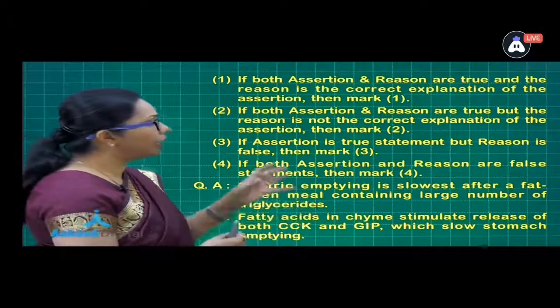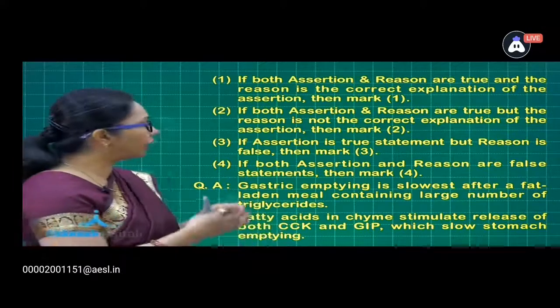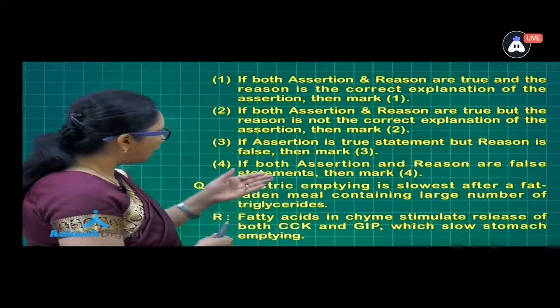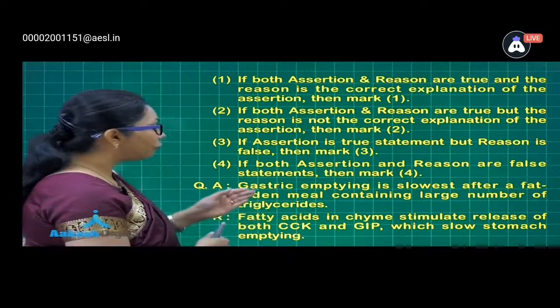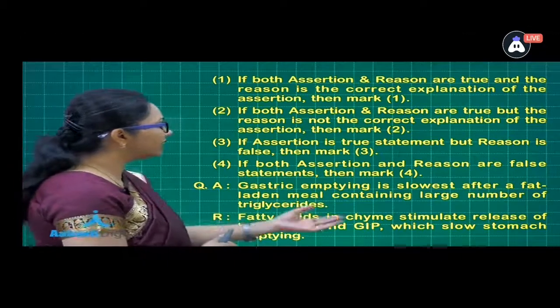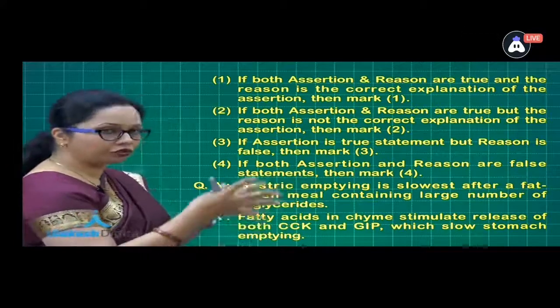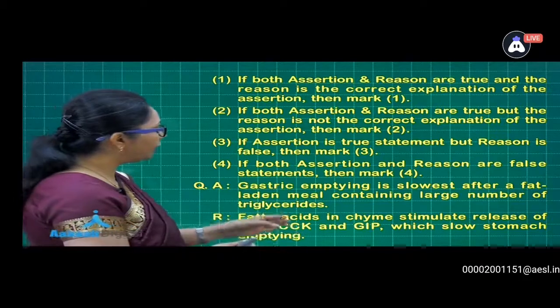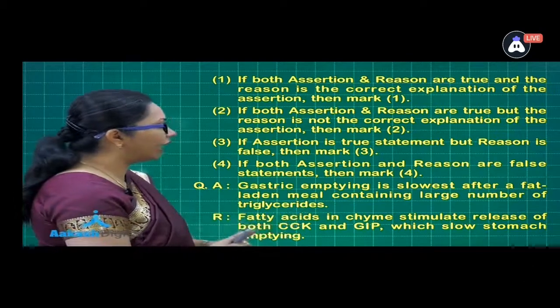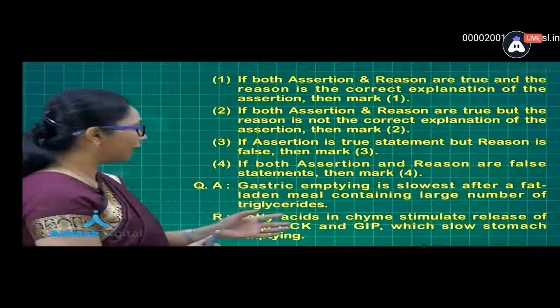So if the meal is very high in fat content, it will remain longer in the stomach. And the next thing, of course, is that fatty acids in the chyme stimulate the release of both CCK and GIP. So when this fat laden chyme reaches the duodenum, there is more release of CCK and GIP, both of which slow the stomach emptying.